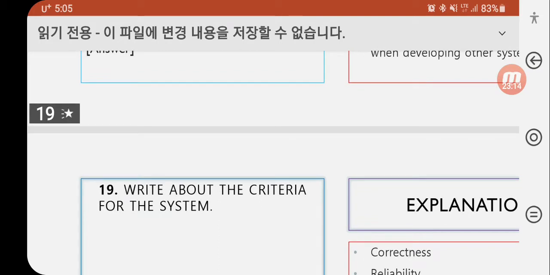Write about the criteria for the system evaluation.